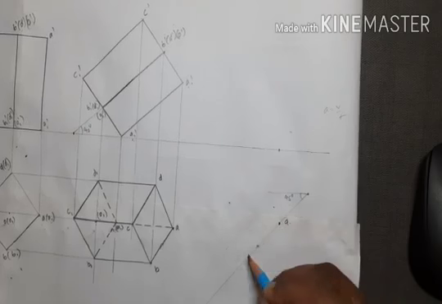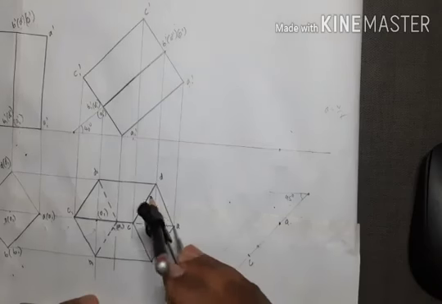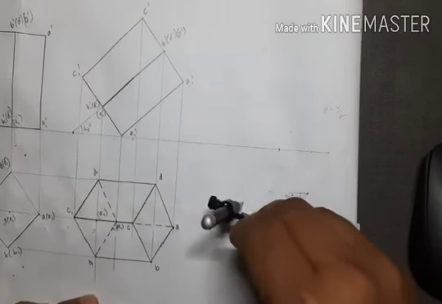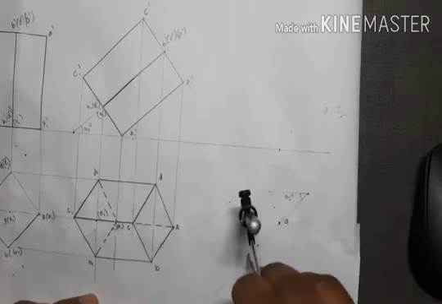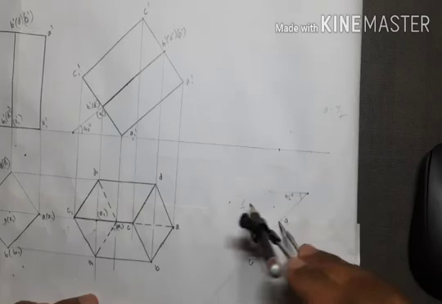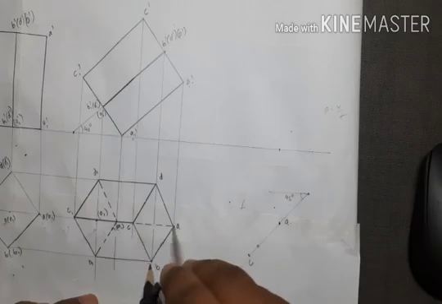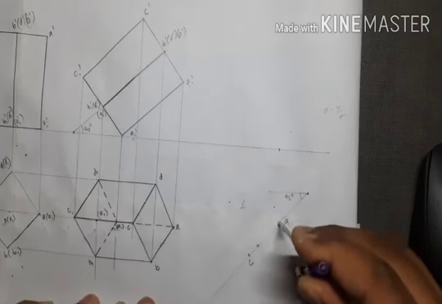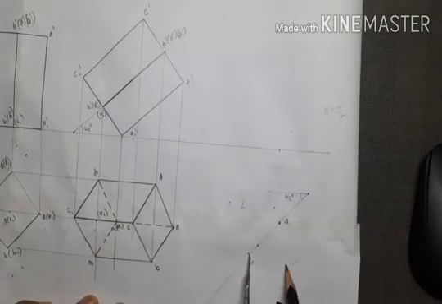This is C. Now by taking your compass, A to D, C to D will also be the same. So you have to use your compass and mark this arc. So all this distance will be the same.